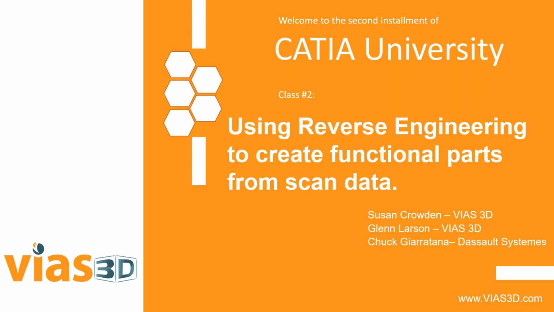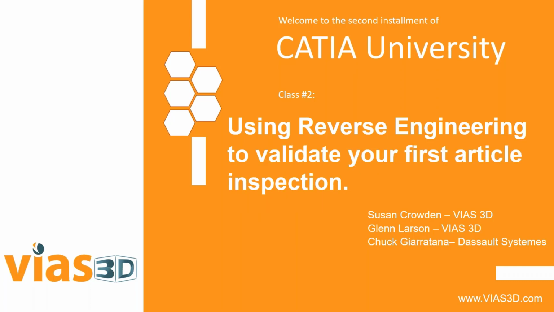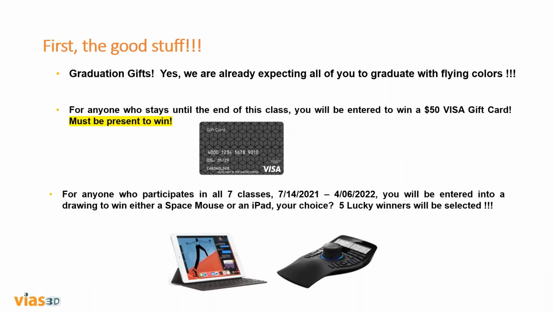Then we're going to go over how to use reverse engineering to create functional parts from scan data. And finally, we'll cover using reverse engineering to validate your first article inspection.